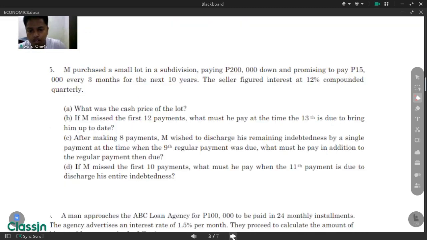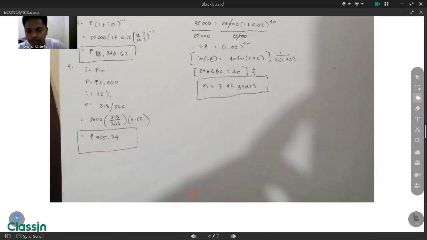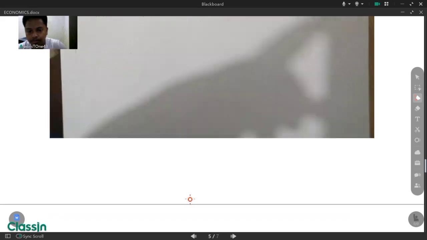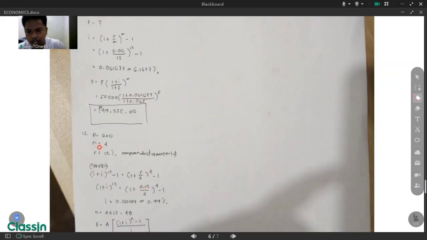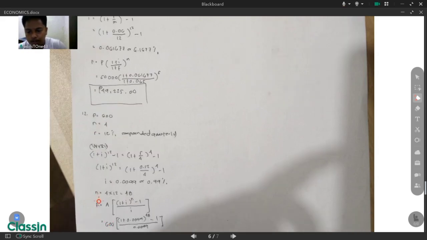Okay, let's proceed to item number 12. We have 600, n equals 4 and r equals 12%.